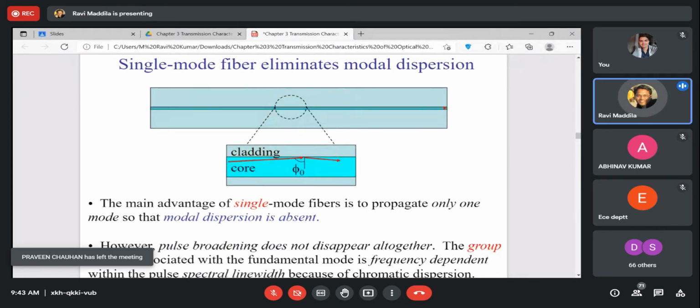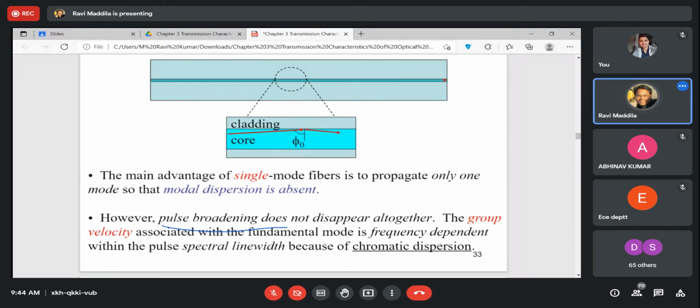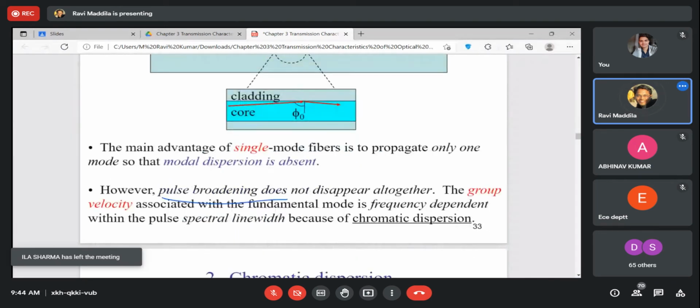Now, when we come to single mode fibers, it eliminates modal dispersion, meaning multi-mode or different modes will not be propagating in the single mode fiber, so there will not be modal dispersion. But pulse broadening does not disappear altogether. Okay, pulse broadening still is present, and that is attributed in one part to the group velocity.